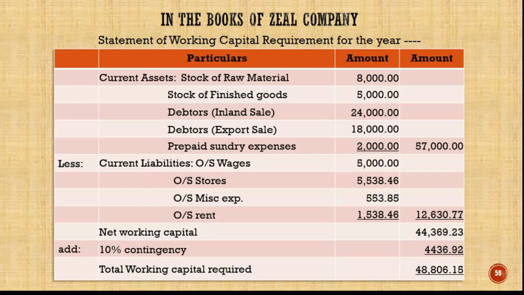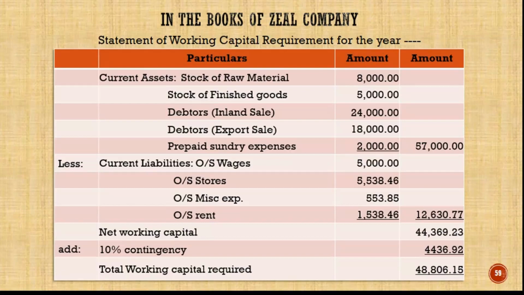Now keep in mind, prepaid sundry expenses, that is nothing but paid in advance, is an asset and not a liability. The expenses we have paid in advance become our asset, so that also we have to consider as a current asset component. So the addition of all these components taken to the outer side is 57,000.